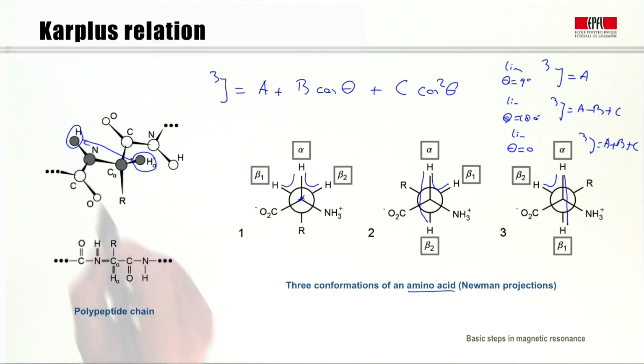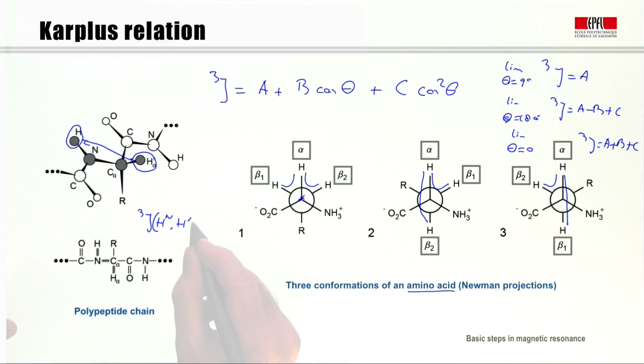And here there is a coupling, so this is a 3J. The coupling between the H attached to nitrogen and H alpha will tell you about the dihedral angle here, which in the language of peptides is known as the angle phi, the other ones being psi and chi.